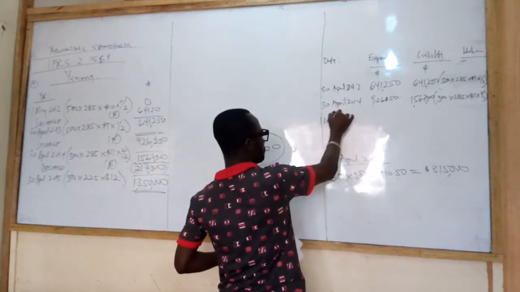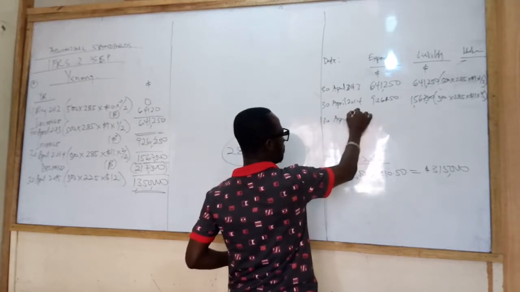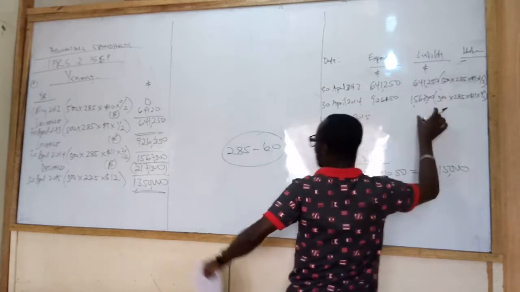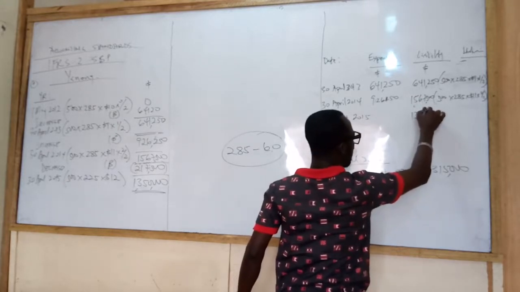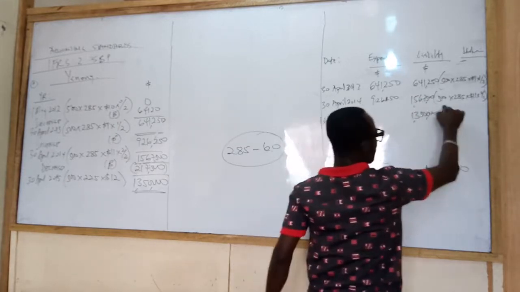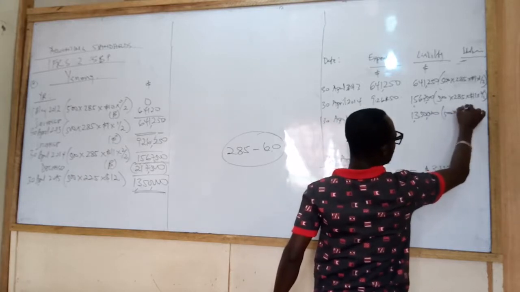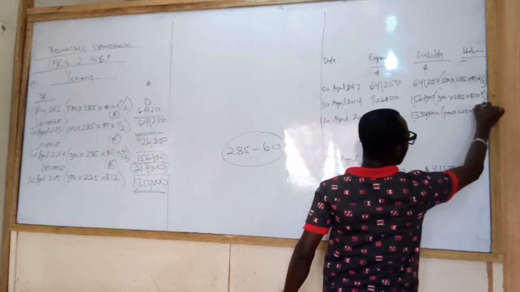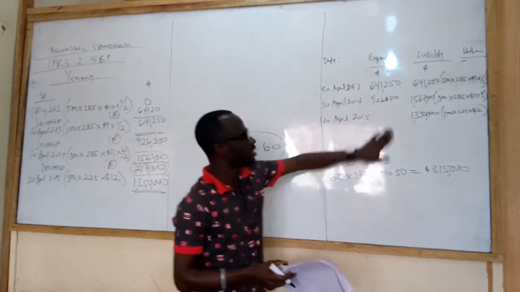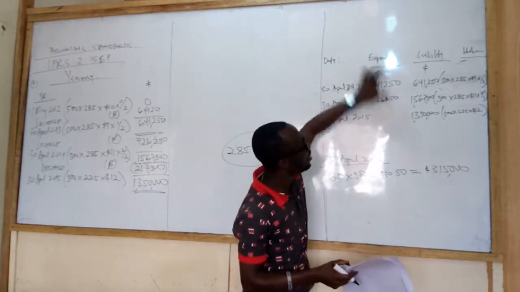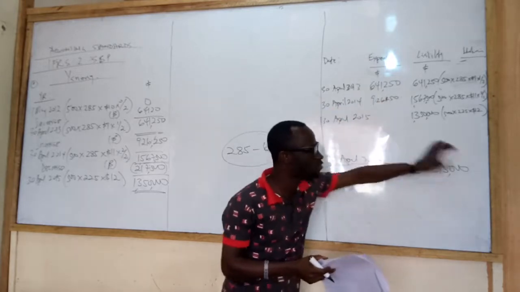So at 30th April 2015, our liability in relation to the share-based payment is still 1,350,123, isn't it? This is 500 by 225 by 12. That gives us this figure. The question is, how much is the expense aspect that we have to treat?